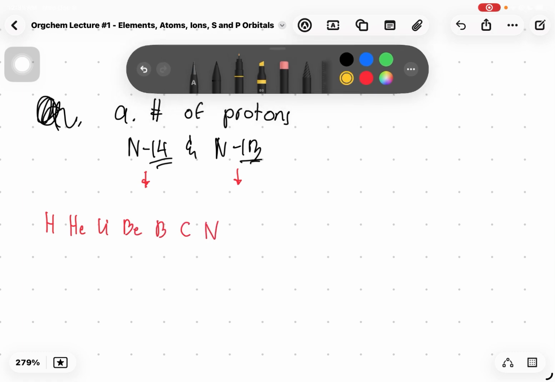Hydrogen is 1, helium is 2, lithium is 3, beryllium is 4, boron is 5, carbon is 6, and nitrogen is 7. That means the atomic number of nitrogen is 7. And we know that the atomic number is the same as the number of protons, meaning our answers for both should be 7 protons.